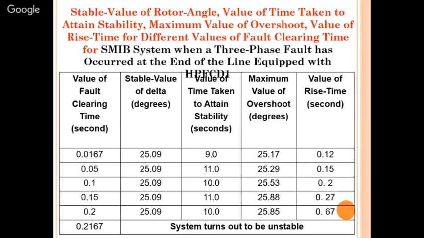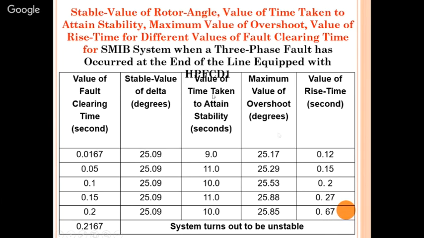We have taken the fault clearing time as 0.1 second. Seeing this, we have made this table in which, for different critical fault clearing times, we have seen the rotor angle delta value, the time taken to attain stability, the maximum value of overshoot, and the rise time also.